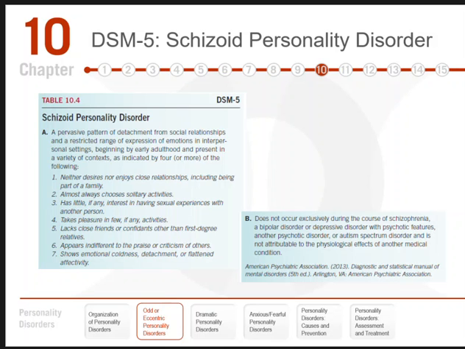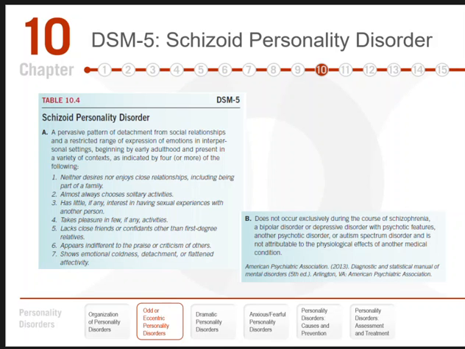They're loners, and they have very restricted expression of emotion, so they appear to be very withdrawn. They don't make very many waves. It starts early in childhood or early in adulthood. They don't enjoy close relationships or being part of a family. They almost always choose solitary activities.